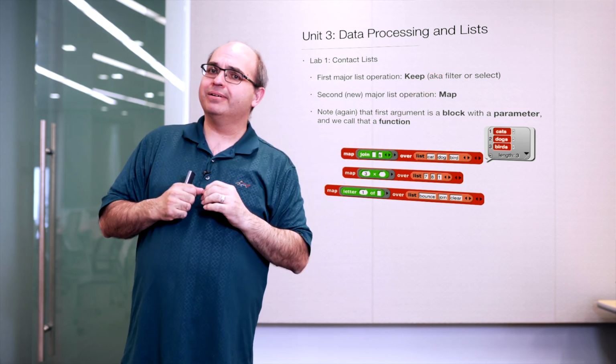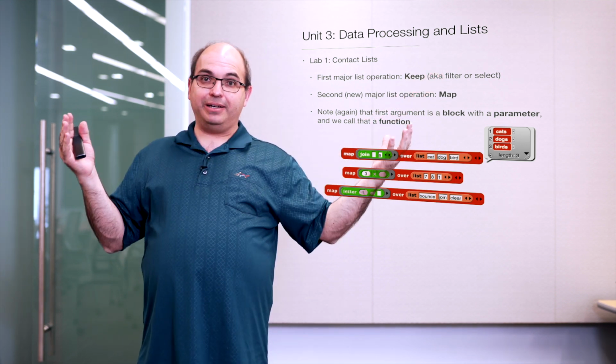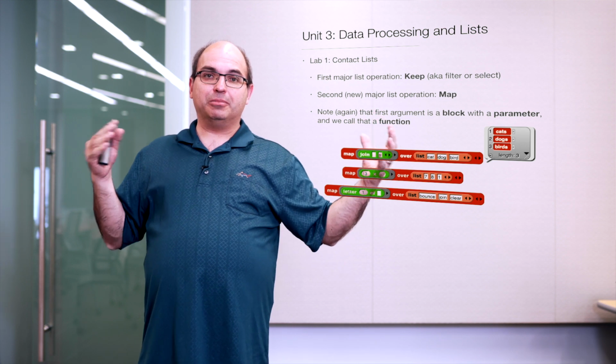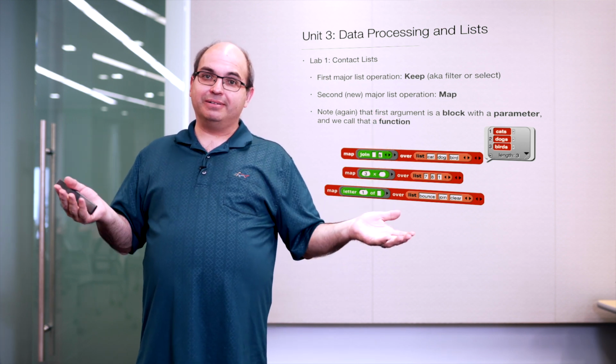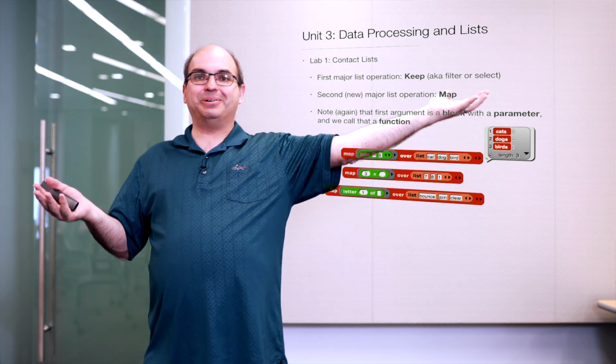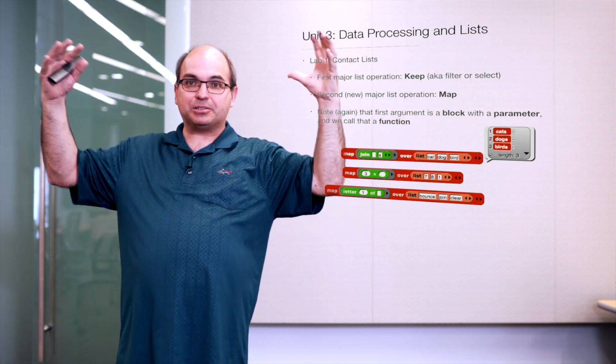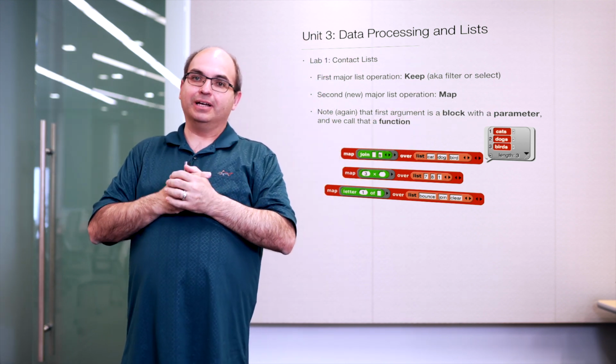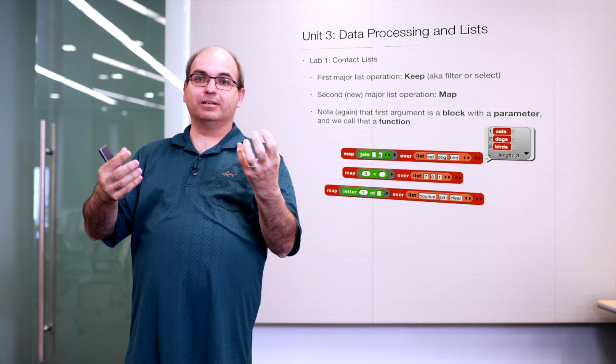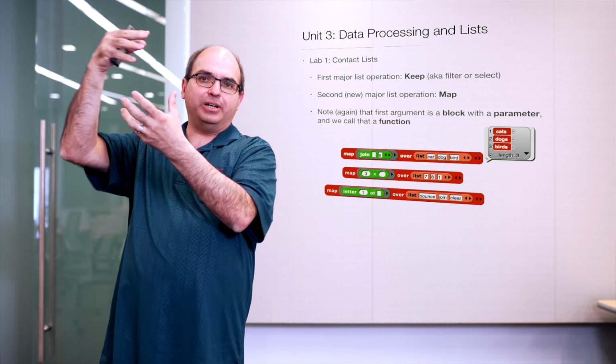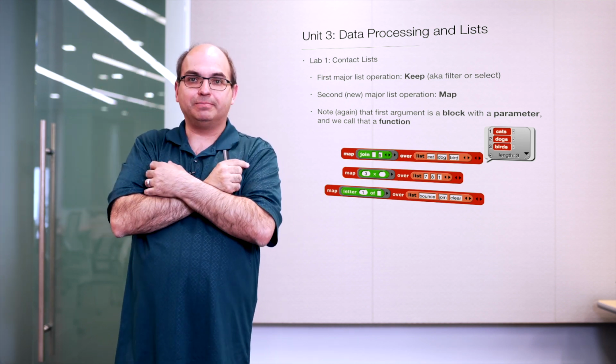By the way, if I take this same idea, map 2 times, but now my list is 1 to 100, then I get 2, 4, 6, 8, all the way out to 200. Map is a very abstract operation. It simply returns the result of applying some operation to each element of a list.